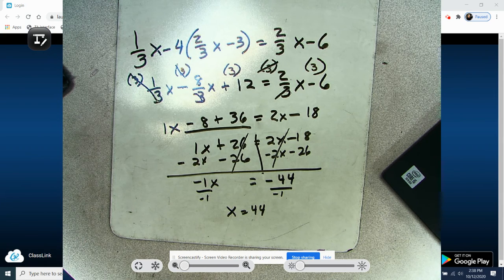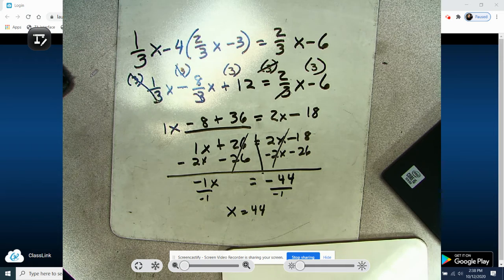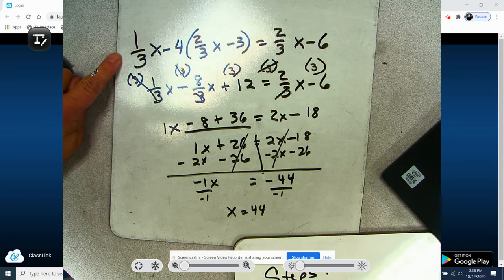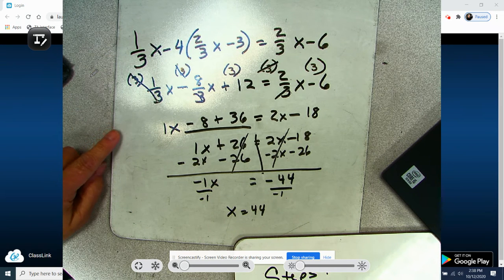Okay, so for those of you who need steps, let's write that down. The first thing we did, distributive property, if you need to. You don't always need to do the distributive property, but if it's there, do it.